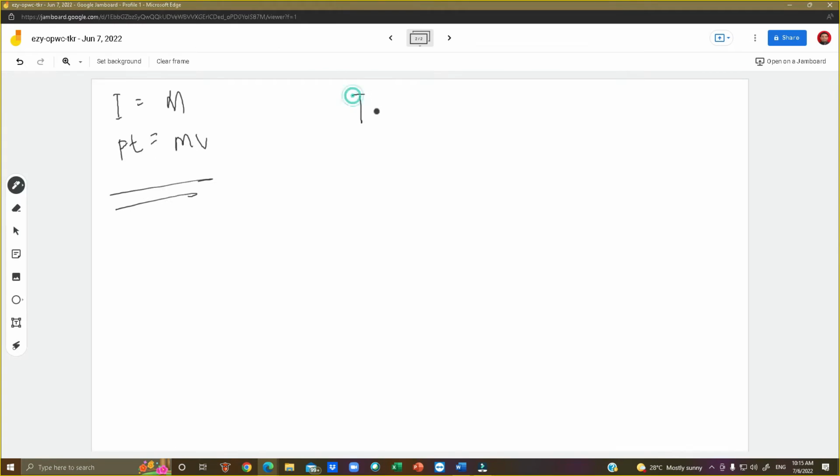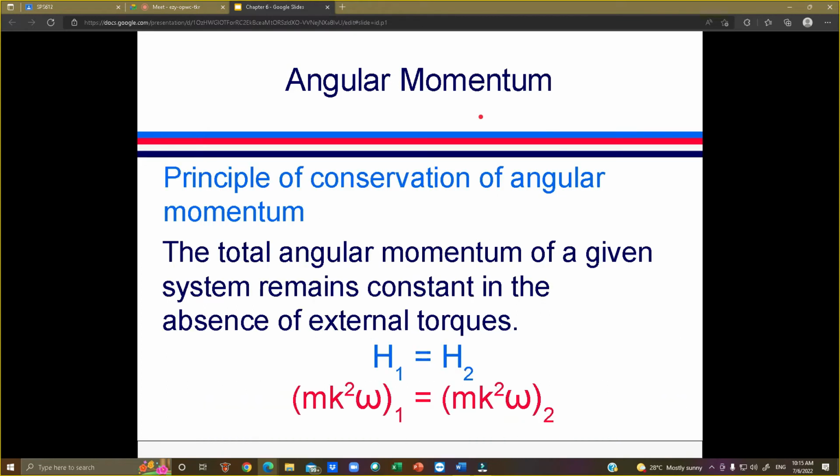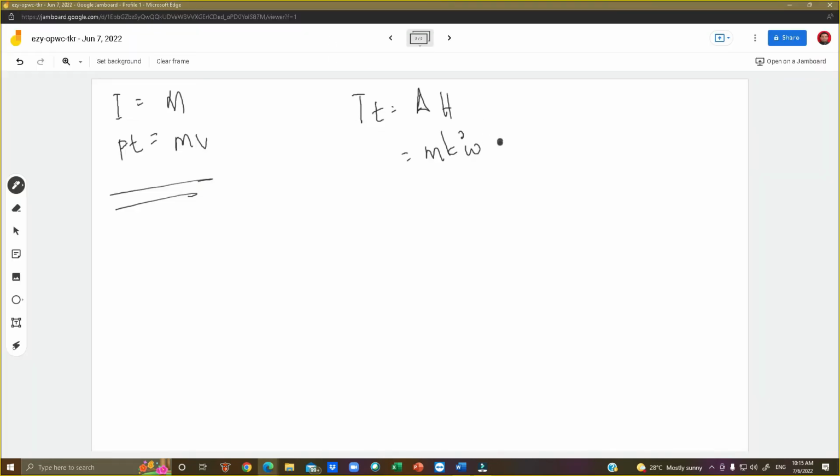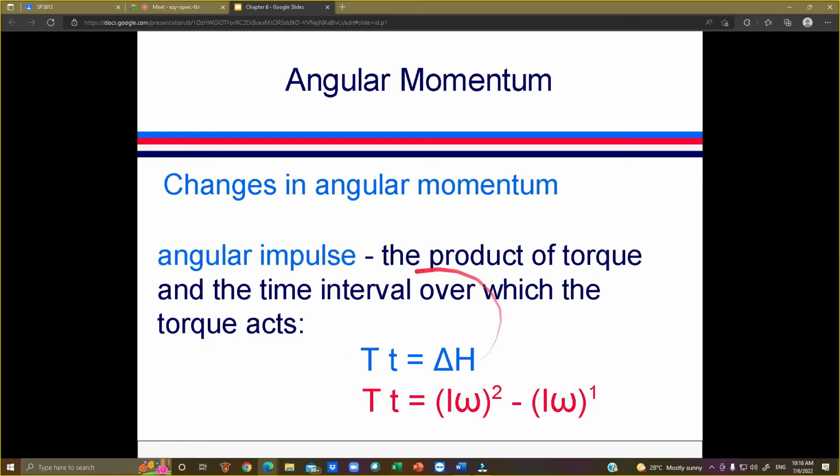We have it equals the change of angular momentum, meaning it is going to be mk square omega, minus mk square omega. This one is the second one. This one is the first one. The change of.